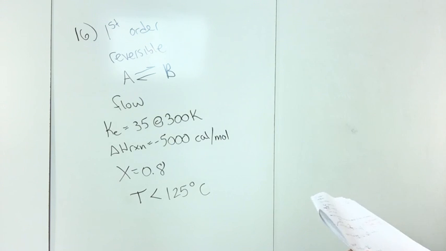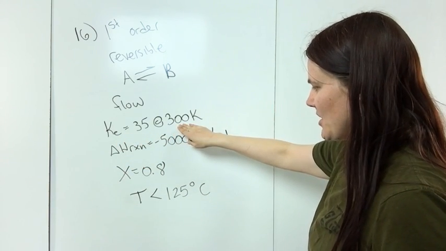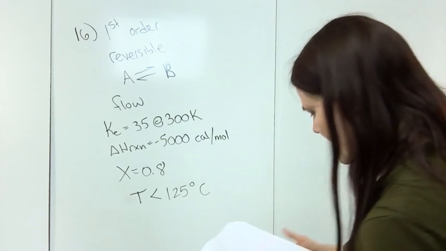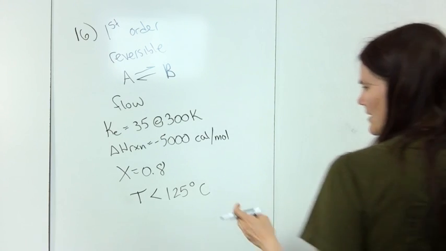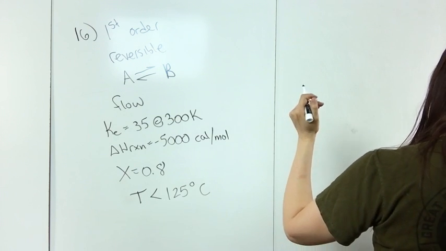So what you can do, first of all, he's given you the K at a certain temperature, and we actually want it at a different temperature, so that's what I would calculate first. And you can use the Van't Hoff equation for that.